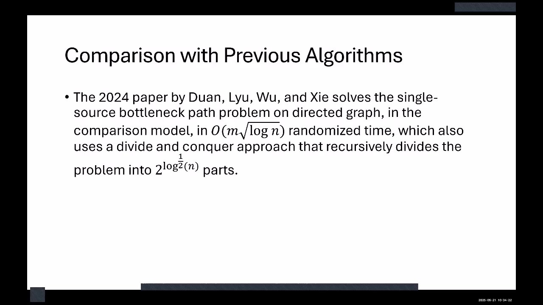The algorithm is again very different from ours, except for the fact that they also use a dividing procedure that recursively divides the problem into a quasi-polynomial number of parts. So we can see that division into a quasi-polynomial number of parts has found success in multiple problems in this graph theory context.